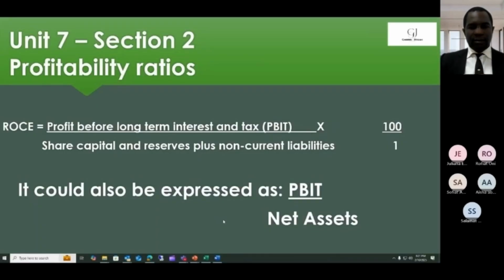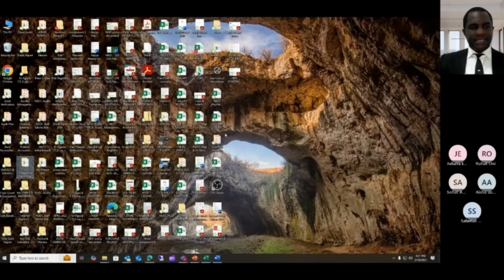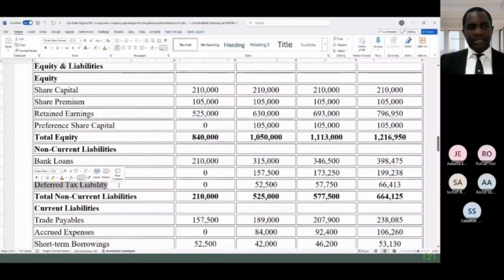If you go back to the question, you see there's deferred tax liability in non-current liability. So why are we not adding deferred tax liability of 52,500,000? It's because deferred tax is not a debt.